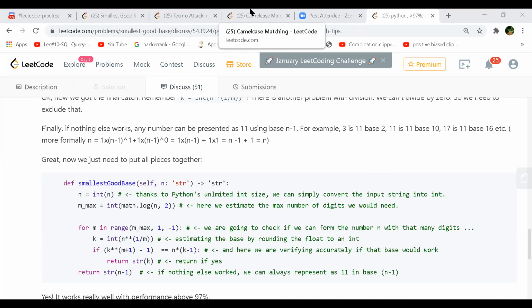If you take a very huge number, 10 raised to 18, the approximate base calculated in one of the solutions is 61. So you start from 3 to 61 and do a binary search between both of them, like 3 is the lower and 61 is higher, and then you try to converge.